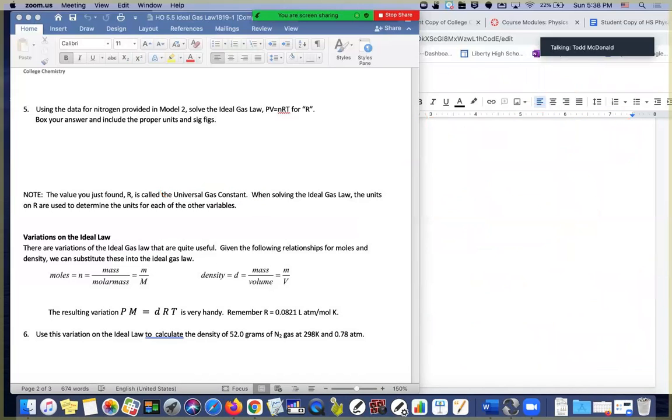Let me show you one other equation, and I want to show you how we get to it. So this is a variation of the ideal gas law. So remember the ideal gas law, PV equals nRT. I want to show you how we can come up with another equation that's going to help us.